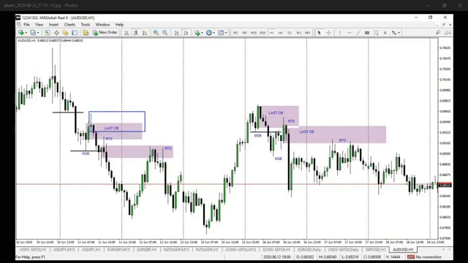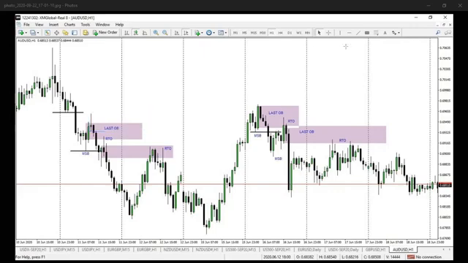This candle here, this one that you see here, okay, I'll teach you guys in the next lesson. That's a mitigation order block, but I'll teach you in the next lesson. Okay, good. Okay, thank you.